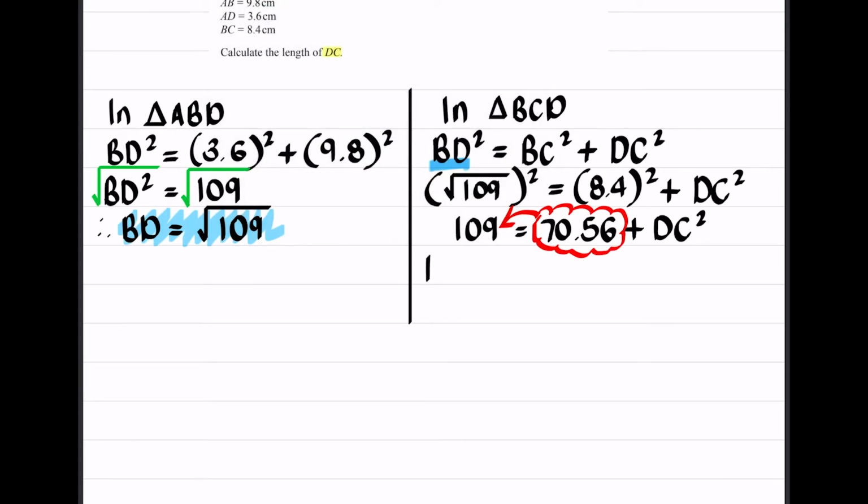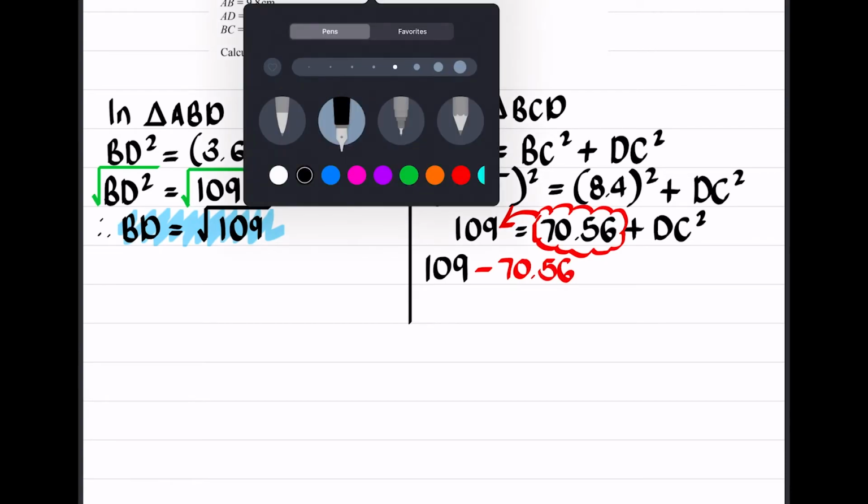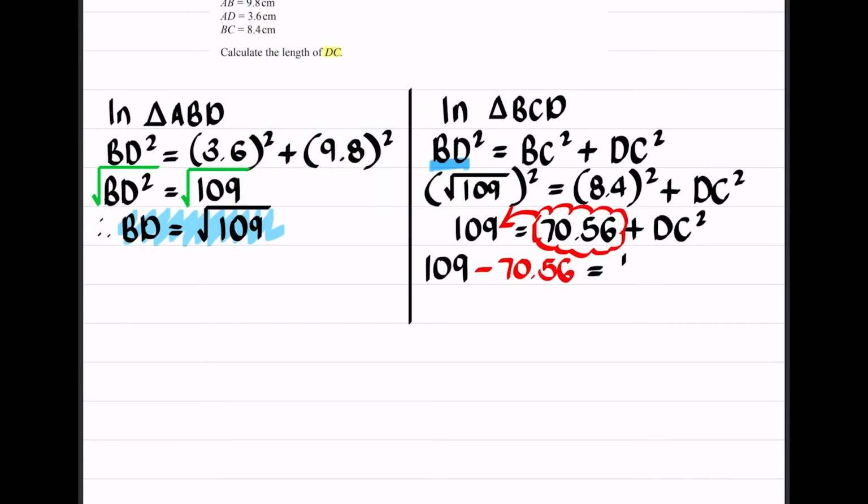The 109 stays the same, stays first. The 70.56, when it comes across, now becomes a negative 70.56, and that is equal to DC squared. So 109 minus 70.56 gives me 38.44.